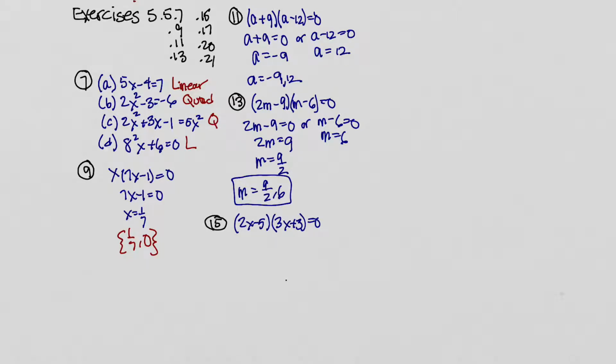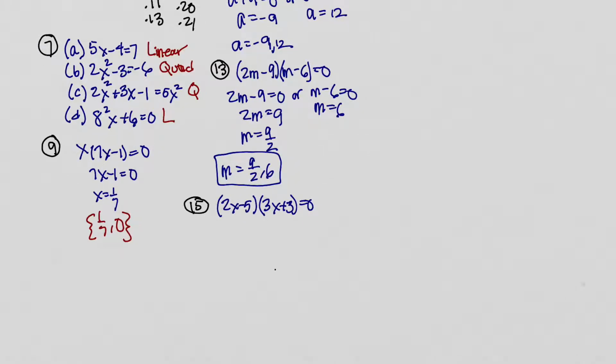In problem 15, let's think the same way we did in 13 and 11. What I'm going to do is I've got these factors here giving us 0. So I'm just going to undo. I'm going to do opposites here. So what I'm going to get here is x equals, now, do opposites. Change the sign of the constant, right? I'm going to add 5, and then I'm going to divide by 2.